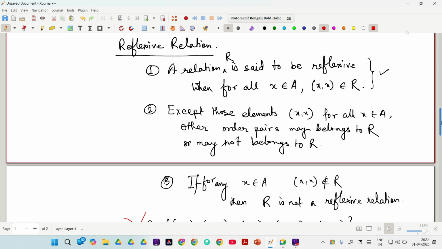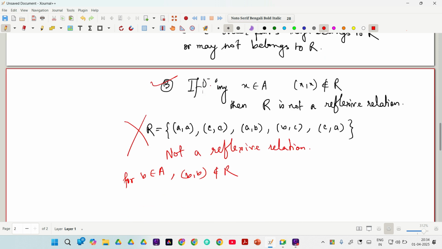Among these three points, which one can you not understand? Did you read these three points? Yes. So tell me, which of these three can you not understand? Third. Third point. Okay.